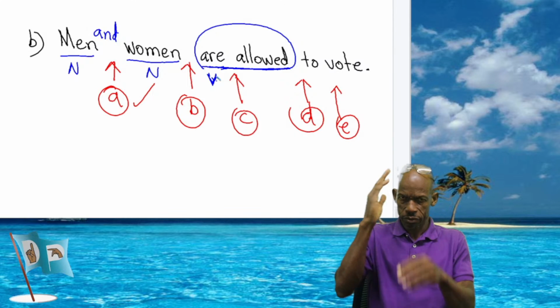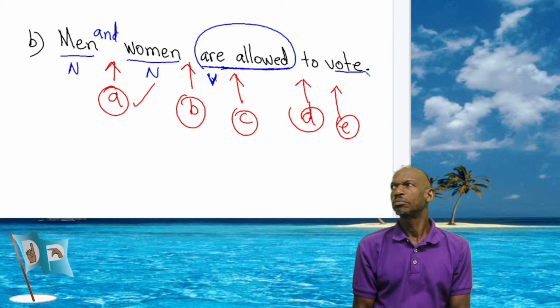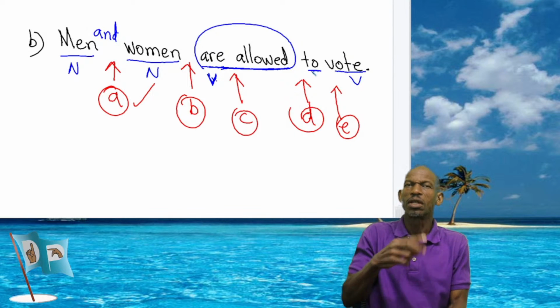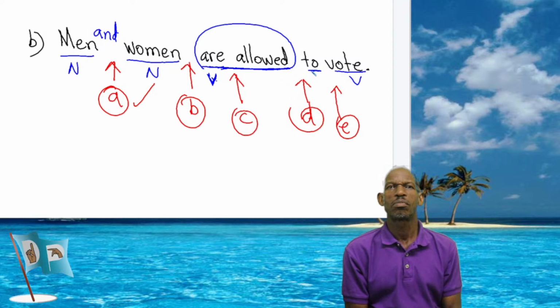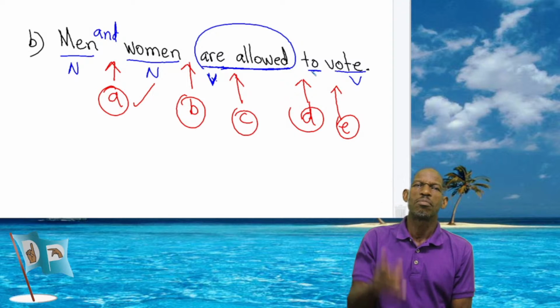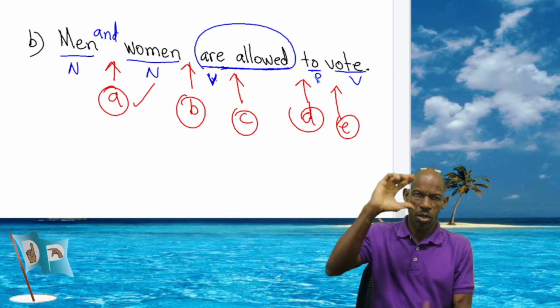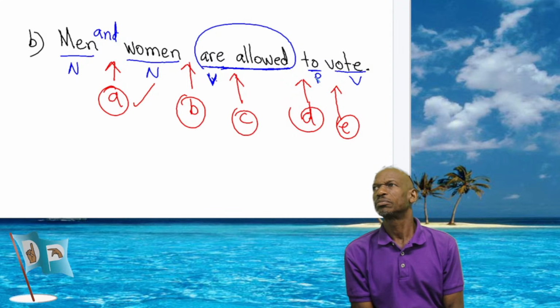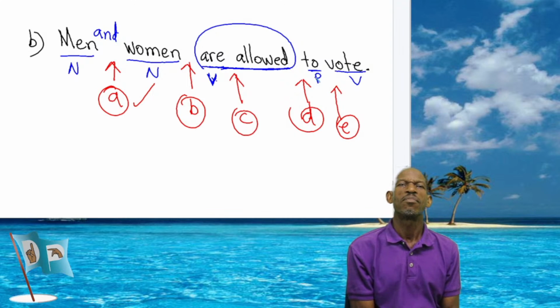And vote is a verb also. And "to", we will look at this in terms of prepositions when we come to that. We'll learn about prepositions later on.